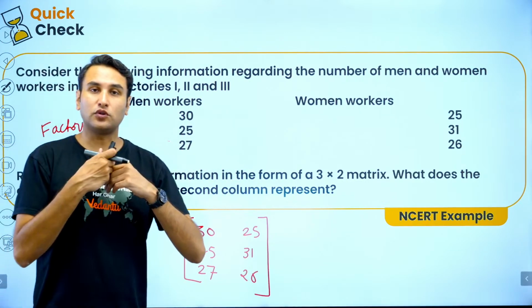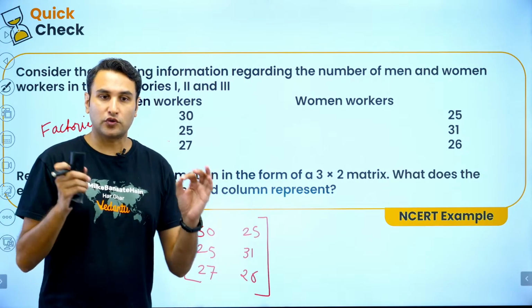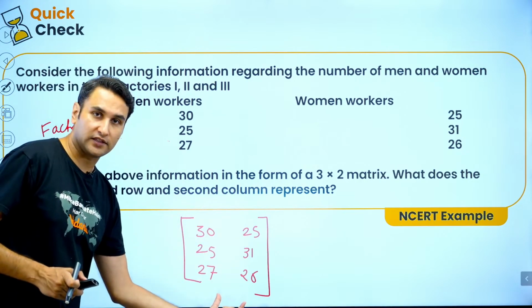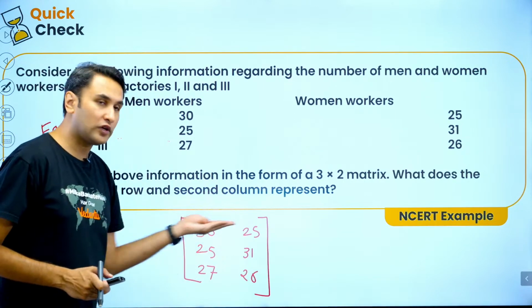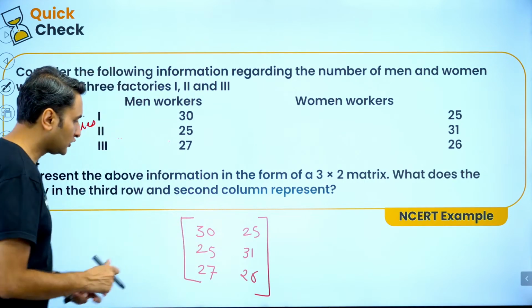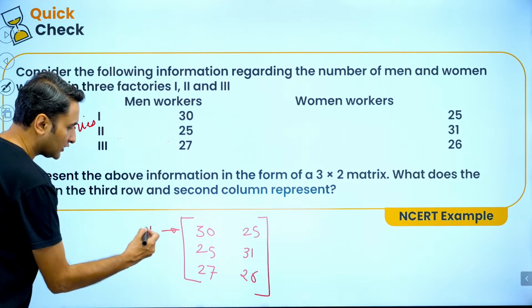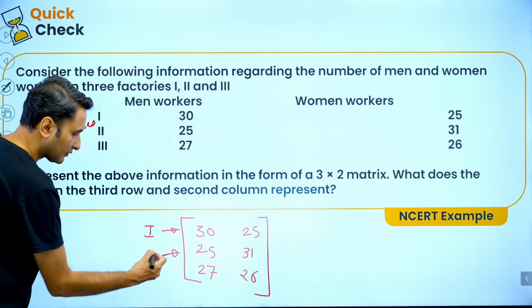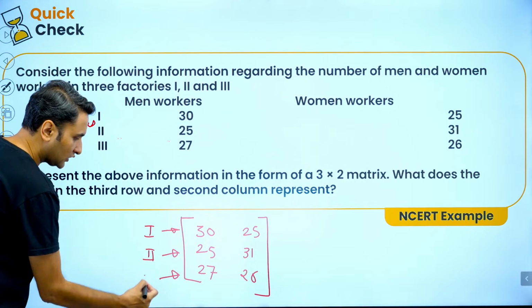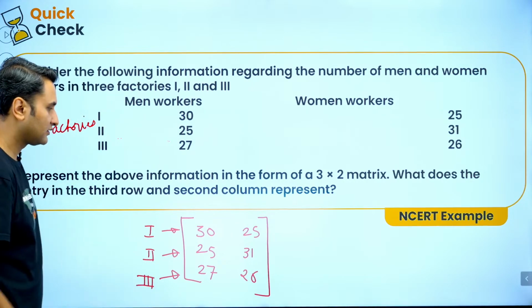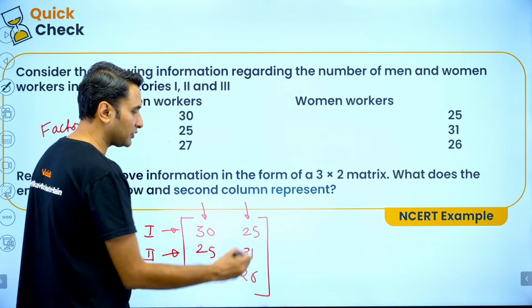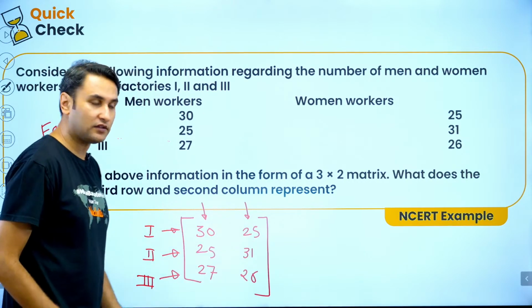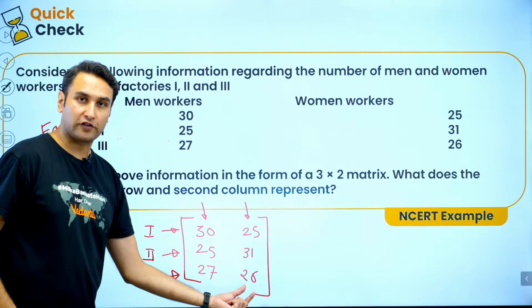Imagine there are thousands of factories. You can simply put the information like this and just tell the program that the row represents the factory number, and the first column represents the men and the second column represents the women working in a particular factory, right?